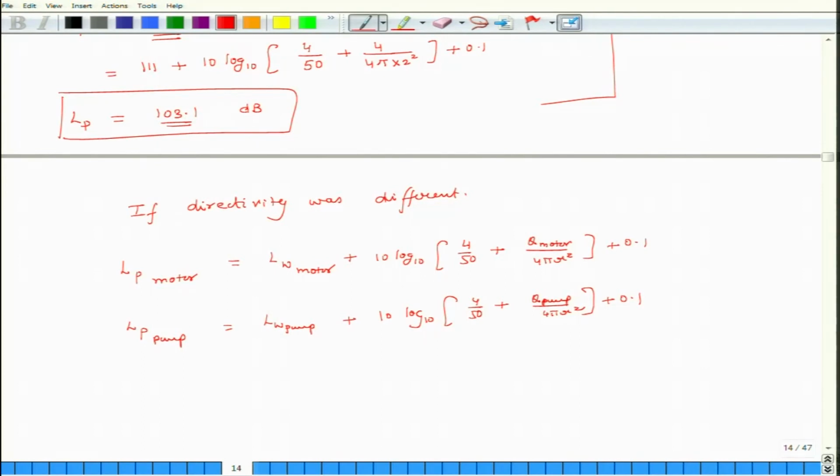So, if the pump was not there, then this is the sound pressure level which would be there, and if the pump was there but the motor was not there, then this is the sound pressure level.